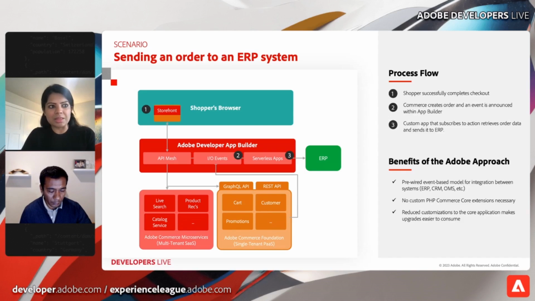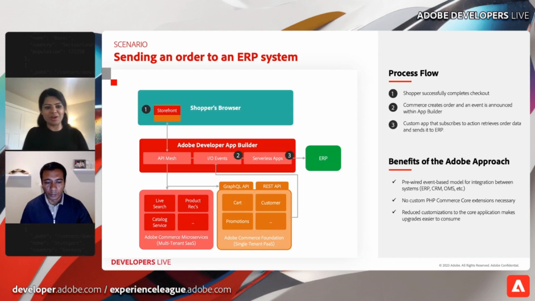There is less customization in the core application, so you can easily make your upgrades and no custom PHP commerce extensions are necessary. This helps maintain the applications better and manage your entire extensibility with less code and less credential management.